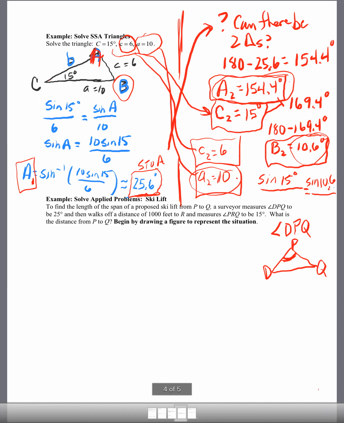Basically, we know that they're supposed to find the length of the span of a proposed ski lift. All right, so we have 2 points, P and Q. Here's P. For example, let's say that here is, let's see if Q could go here.